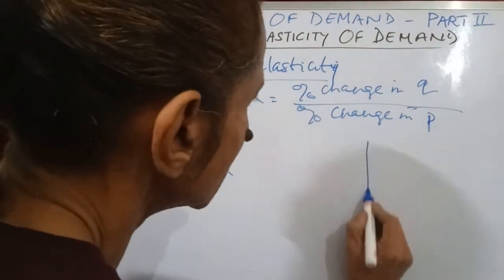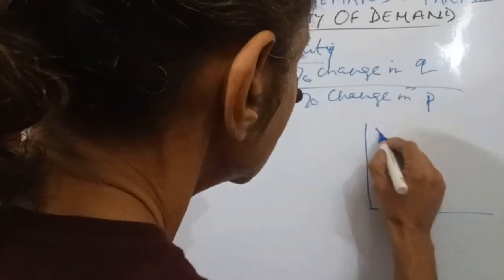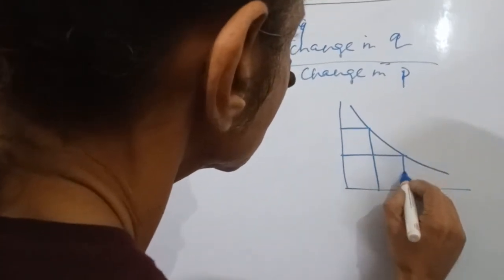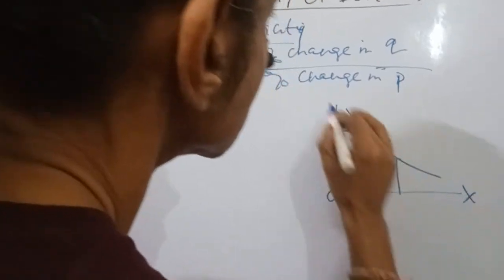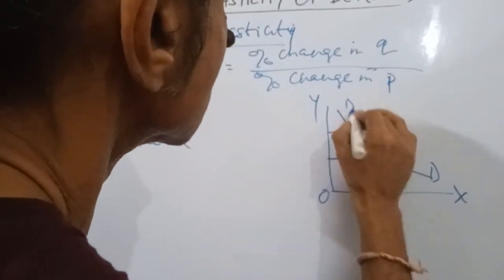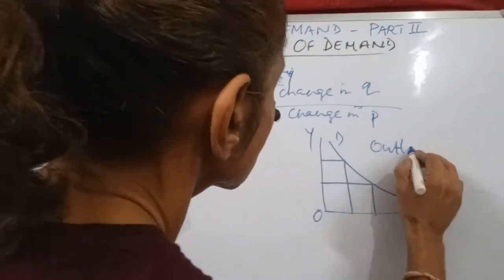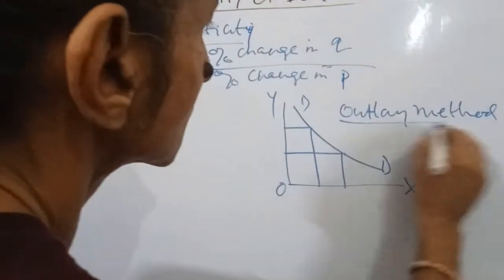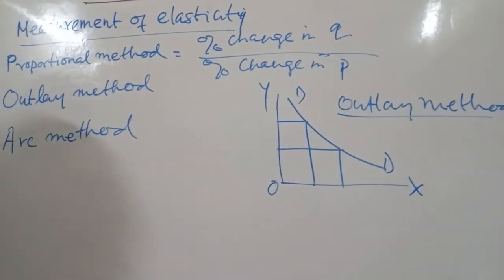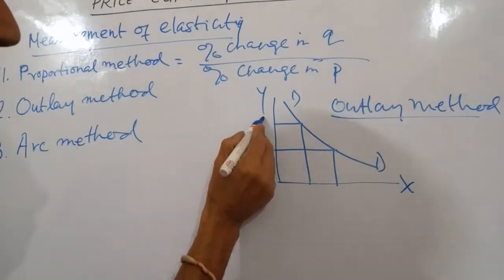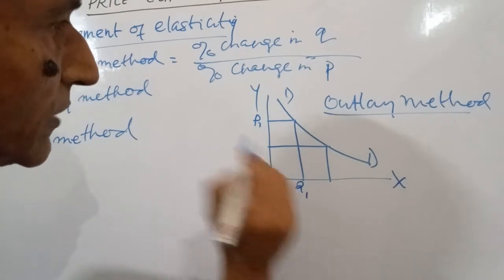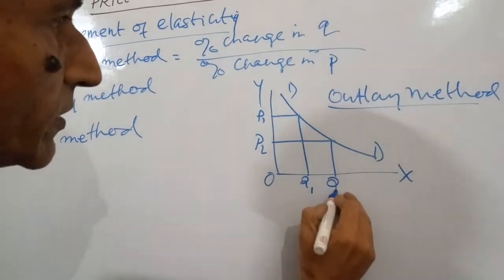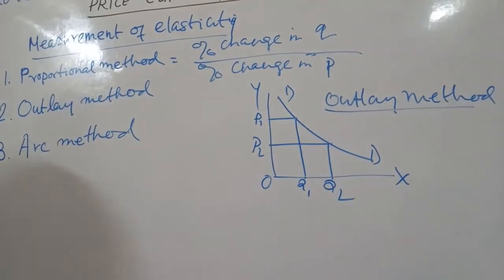Say, for example, this is the demand curve. At price P1, the consumer is consuming Q1 units. As price falls to P2, the consumer is consuming OQ2 units.